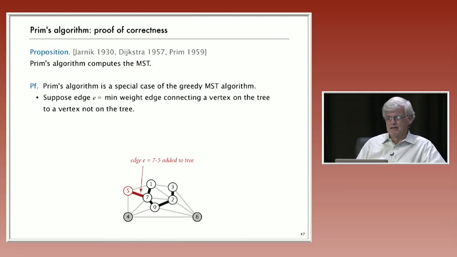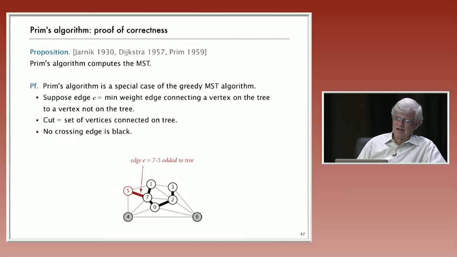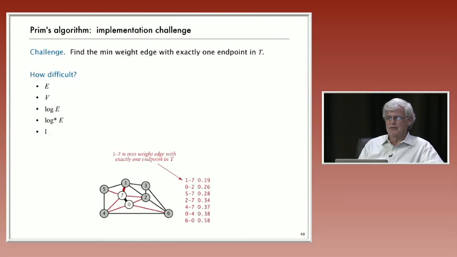So let's suppose that e is the min weight edge connecting a vertex on the tree to a vertex not on the tree. Well, if you take as the cut the tree vertices, there's no black crossing edge from the tree vertices to a non-tree vertex. That's the definition, it's not on the tree. And there's no crossing edge of lower weight, because that's the minimum one that we picked by design. So it's a special case of the greedy algorithm where you take as the cut the set of vertices currently on the tree. That's Prim's algorithm.